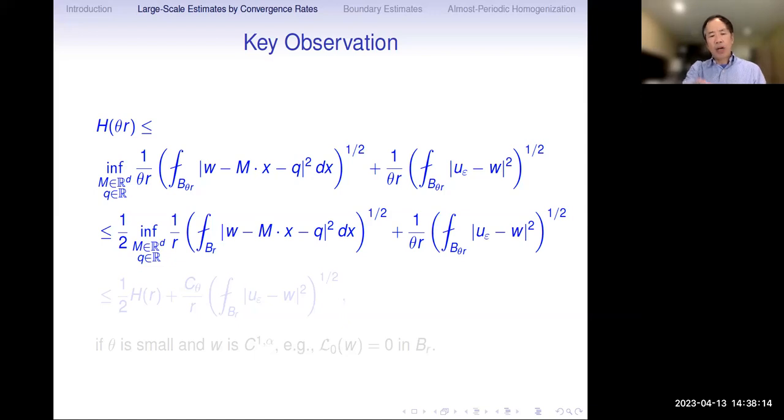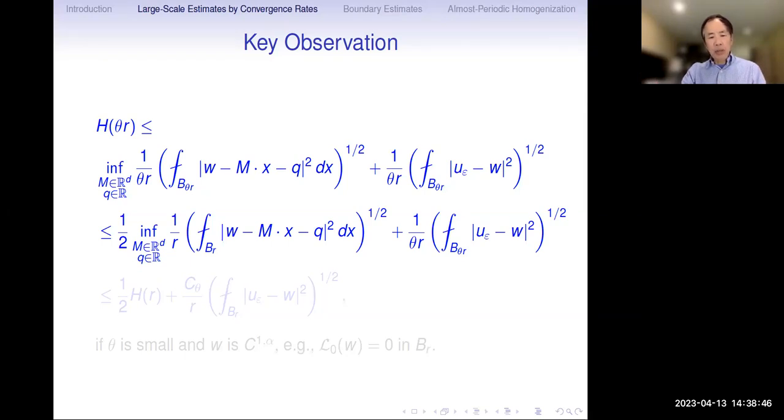When I go from theta R to R, I decrease. I mean, certainly a one half comes out here, because I expect that H of R to be in the power of R, some sigma there. And I copy the second term. So here I'm assuming W has some regularity. Again, no restrictions otherwise for this function.